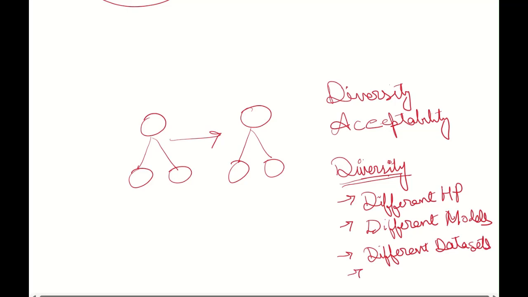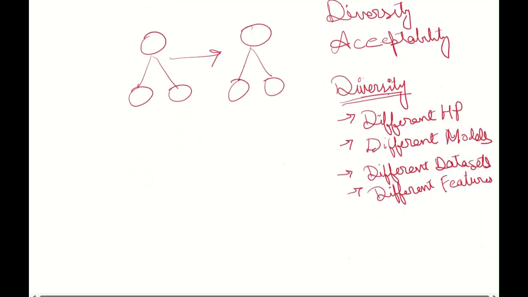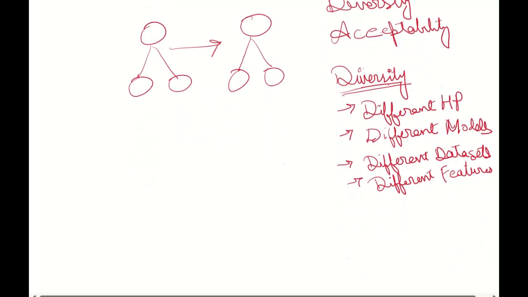And you can have different features as well in the models that you're using, meaning different variables going into the different models. Or you can have all of these together in a particular set of models that you're building. But boosting emphasizes that you use different data sets, and it also uses different features and also different models. It is sort of a holistic collection of all of this. Let's see how that will happen.